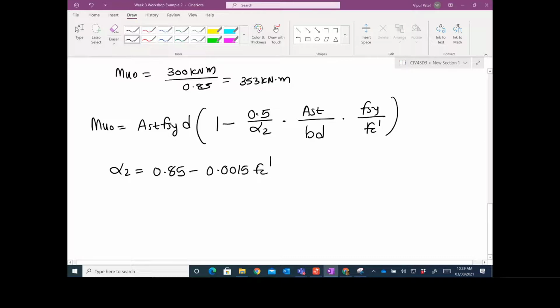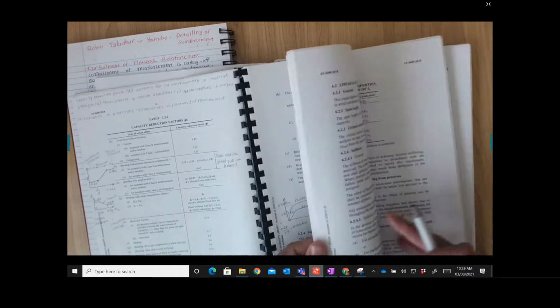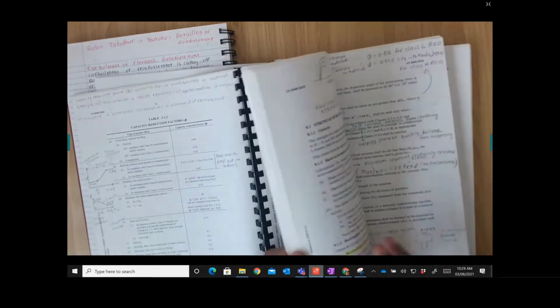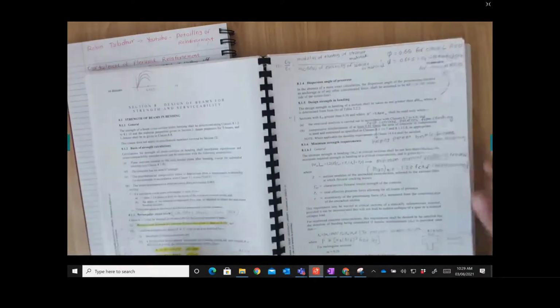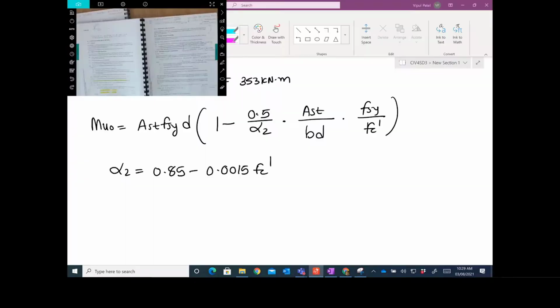Okay. So this alpha 2, I think you remember now where this alpha 2 comes from. Now go to section 8, and then alpha 2 was here. This one, clause 8.1.3.